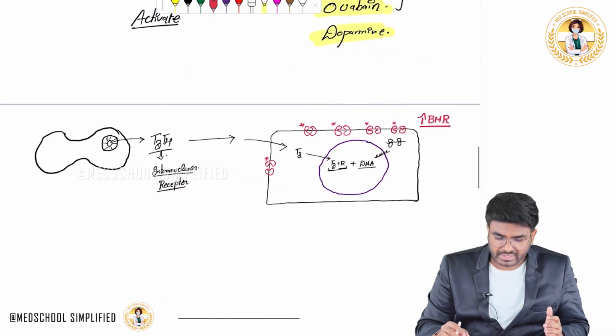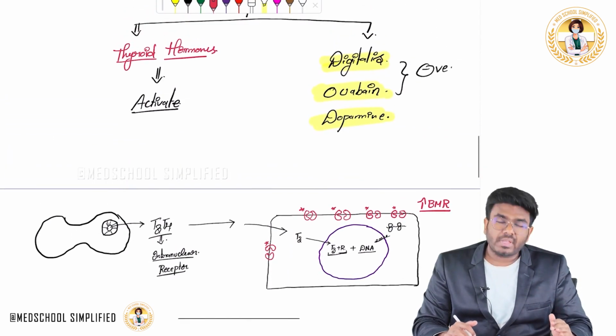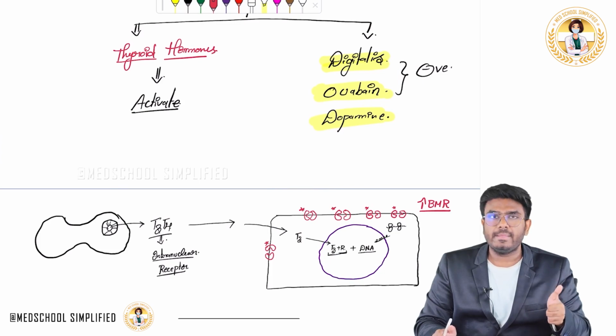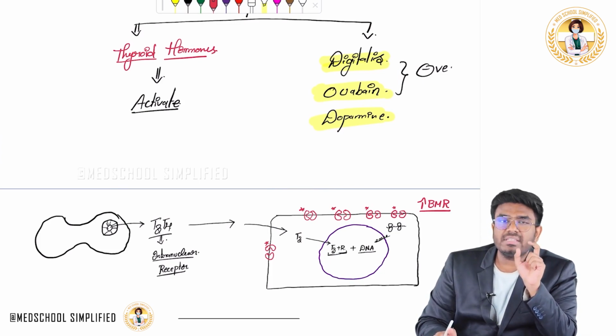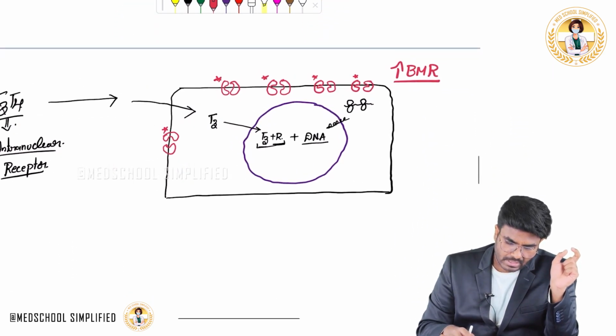See, I have deviated a little from the topic of transport, because you should know the sodium potassium ATPase, which is an example of primary active transport. The sodium potassium ATPase activity is under the control of which hormone? Thyroid hormone. When thyroid hormone is acting on the cell, what happens?